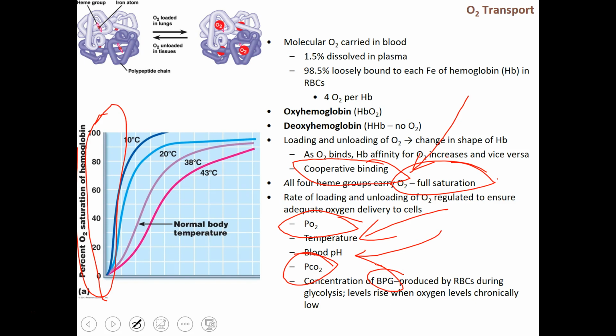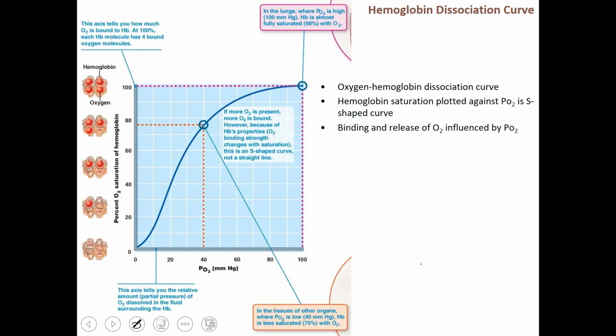When oxygen levels are low, levels of BPG dramatically go up because of hypoxia and basically make the unloading of oxygen from hemoglobin much easier. So we're going to wrap up here because we talked about the hemoglobin dissociation curve, and you can ask me any questions in the class, and I will see you tomorrow.